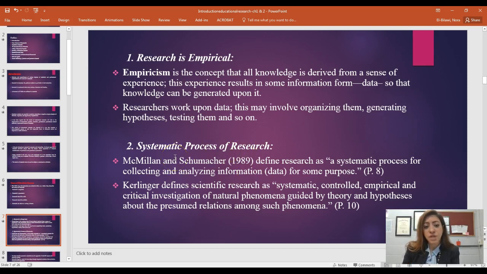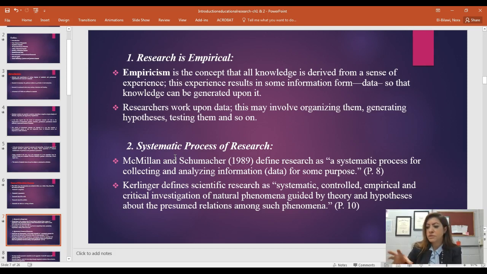Also, a good research has to be systematic, and by systematic I mean having this process. You have to follow specific steps in order to have a good scientific, credible research. You can't just go to the field, experiment here and there, talk with people here and there, and observe, and then write something, and that's my empirical research. No, you really have to follow a specific protocol.